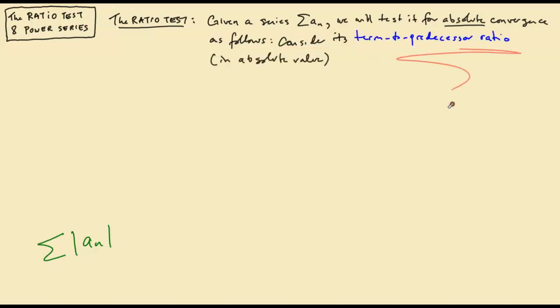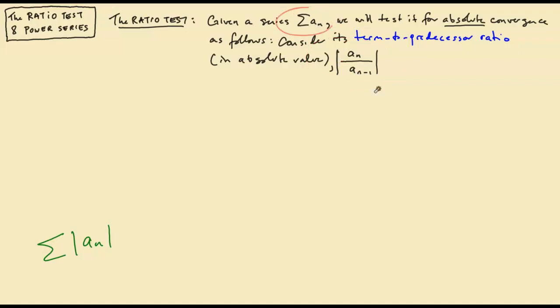Consider its term-to-predecessor ratio in absolute value. And what's that going to look like? That would be the absolute value of its general term over the absolute value of that term's predecessor. But of course, we remember that the quotient of two absolute values is the absolute value of the quotient. Okay, so we've got the term-to-predecessor ratio in absolute value.